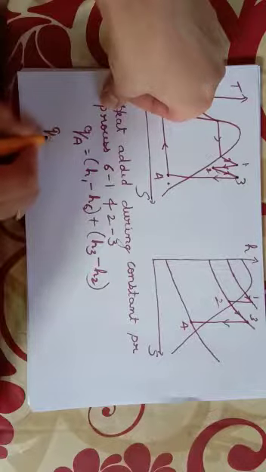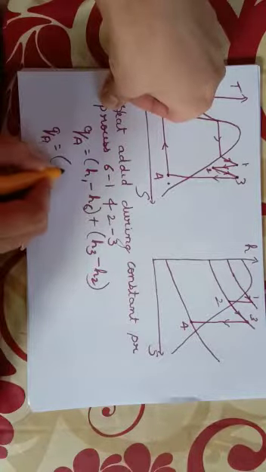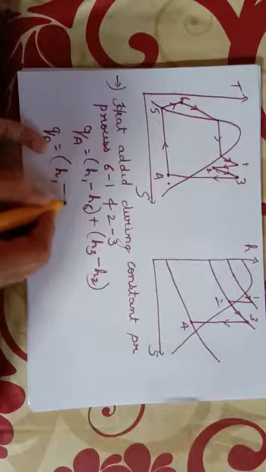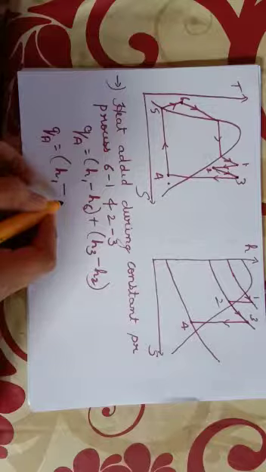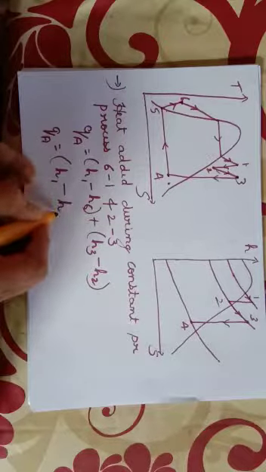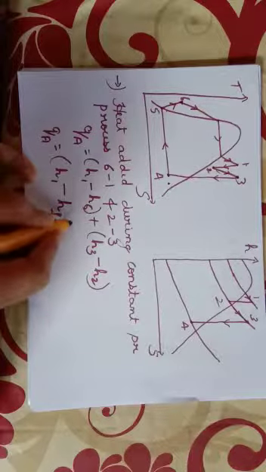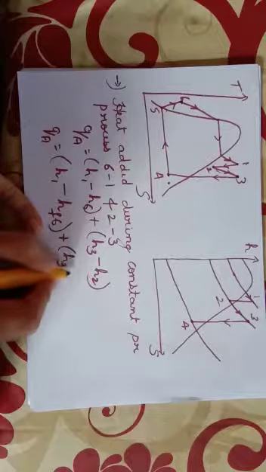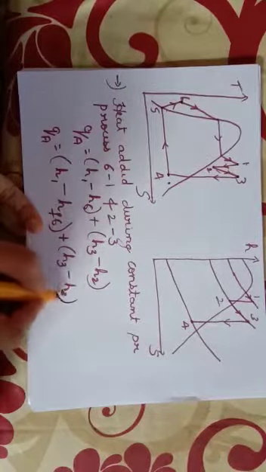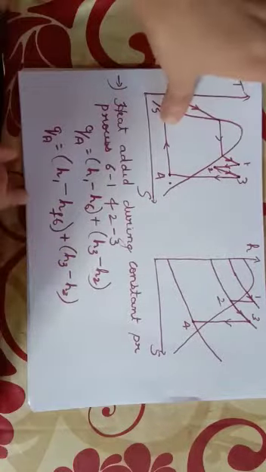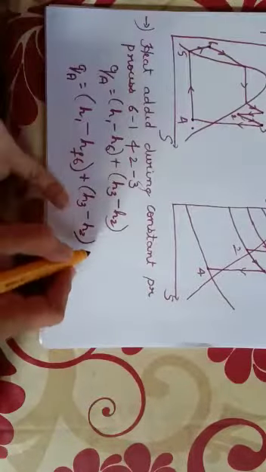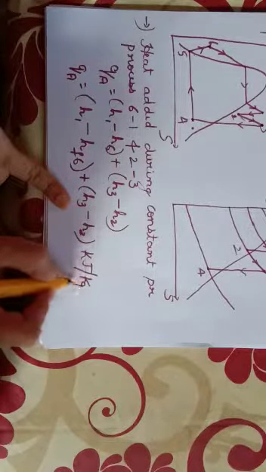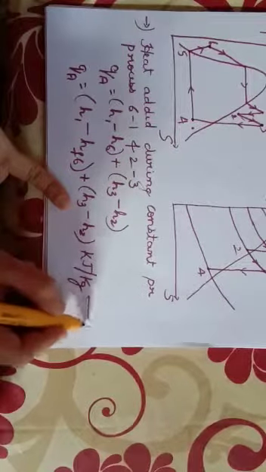Then QA will be H1 minus HF6 plus H3 minus H2. This will be in kilojoule per kg. This is the first equation.